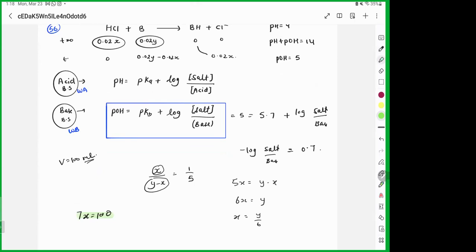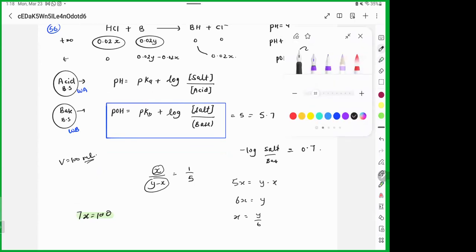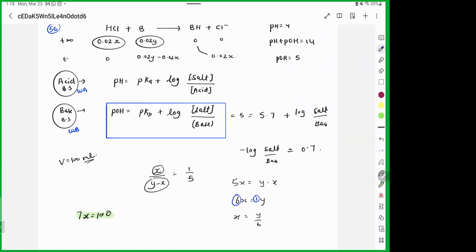Total is 100 ml. It's like if this is 6 and this is 1, what is the total amount? 7. Correct? Because y value is equal to 6x, and if you add x plus y, the total amount is 100.